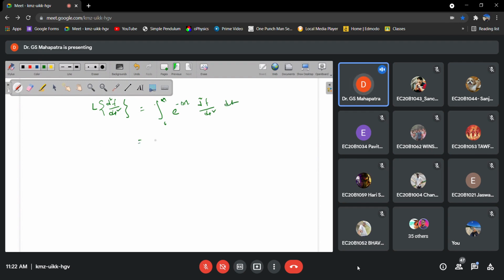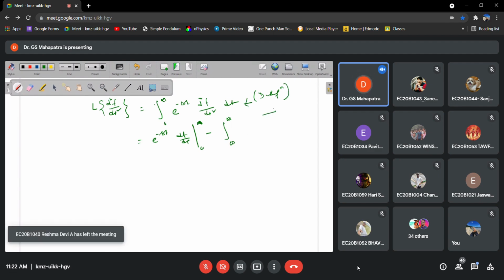Now we will take e to the power minus st as the first function, and the remaining derivative df/dt as the second, integrating by parts. From the definition we got this directly.